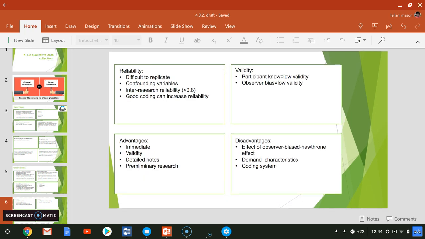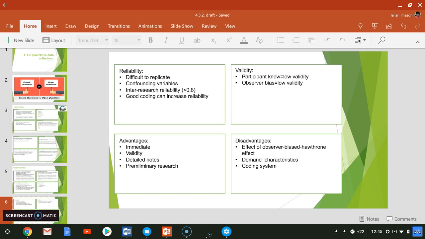But within observation, there's reliability. So, how reliable is the test? This means that within observation, it might be difficult to replicate. The confounding variables, the researcher will not be able to control them. Good coding can increase the reliability.